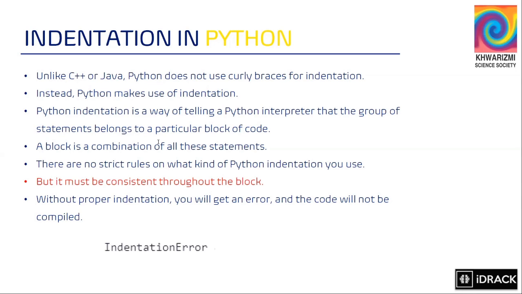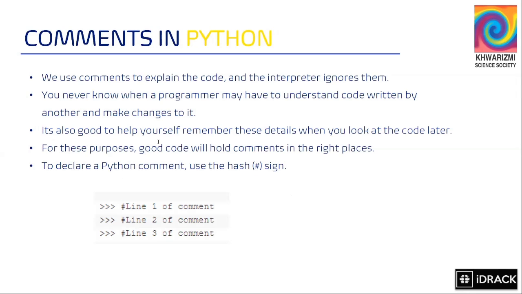If you used four spaces, which is generally the rule of thumb, then you should use four spaces before every line. And if you're not giving proper indentation, it would give you an error specifically that says indentation error. Okay, and it would not be able to compile the code.